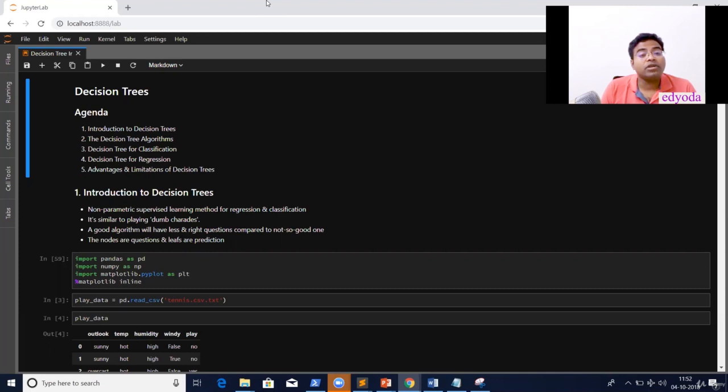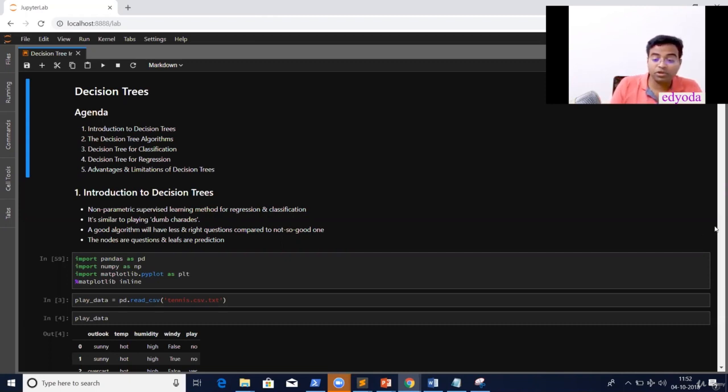So how is a good dumb charts player different from a not so good player? A good player will ask fewer questions, and with fewer questions, meaning less computation, he's able to get the movie right compared to the other, not so efficient player. Here the questions are actually framed into a tree, and each node is a question.